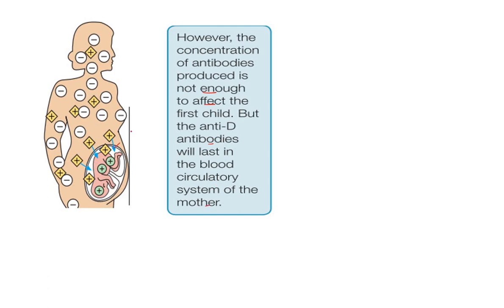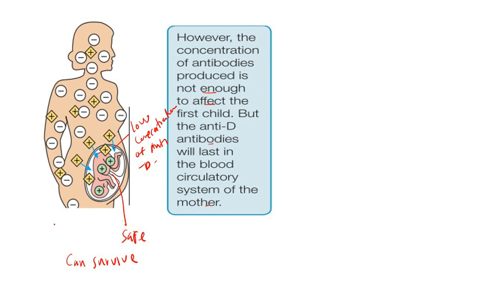Here the concentration of anti-D antibodies is low because the mother has just produced them, because of the presence of antigen D. So it is not enough to affect the first child. So usually this first child is safe and can survive. Will not die, comes out safely from the mother.